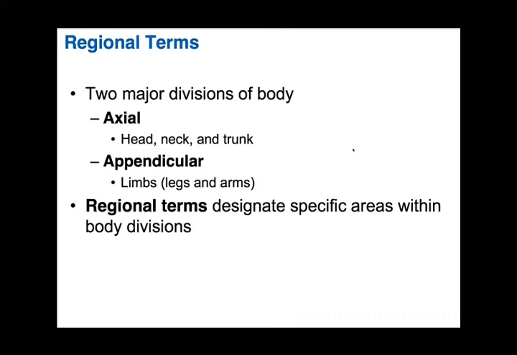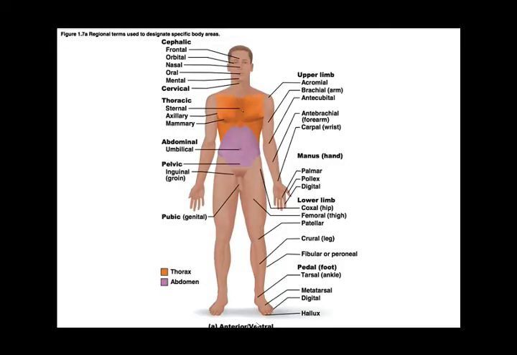On the basis of these two divisions, we can further divide the body into regional terms. You can see clearly in the diagram that many terms are there, and some of you might be familiar with these terms. For some, these terms may be new, but after studying this lecture, most of the things you have already studied in anatomy will be clear to you, why at that particular point this term was used.